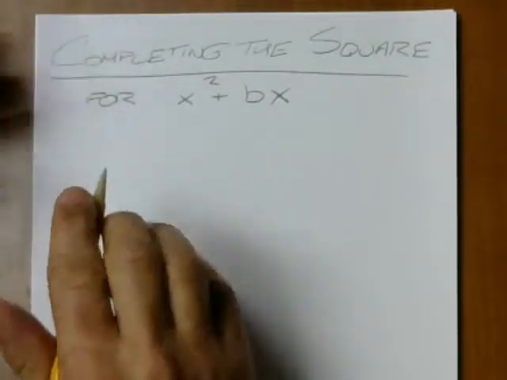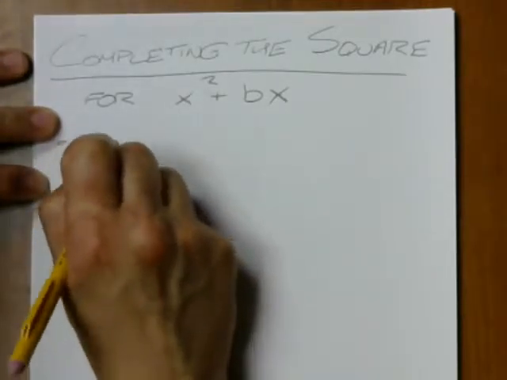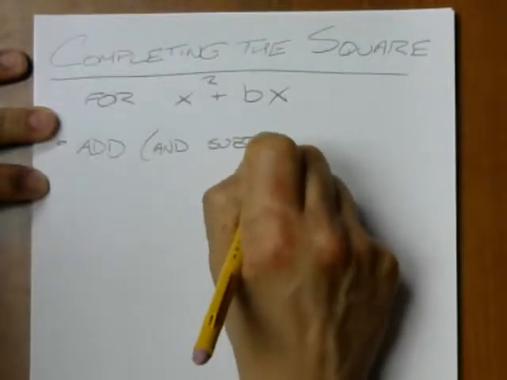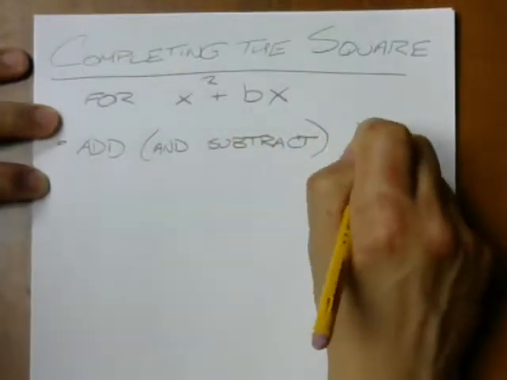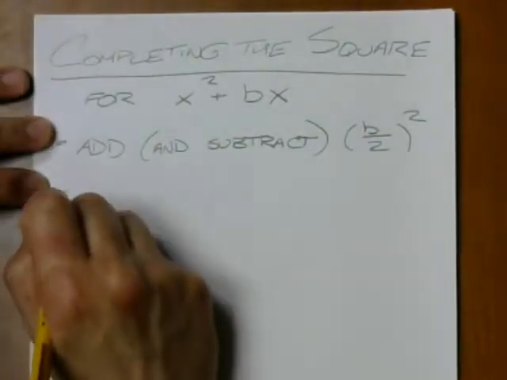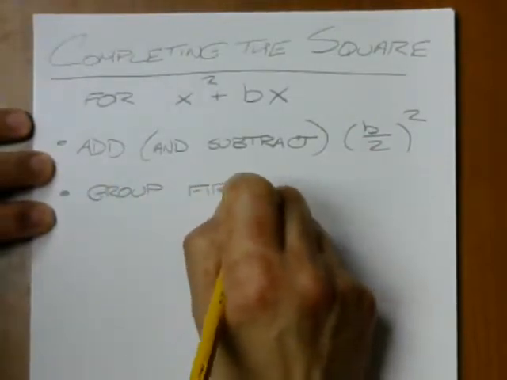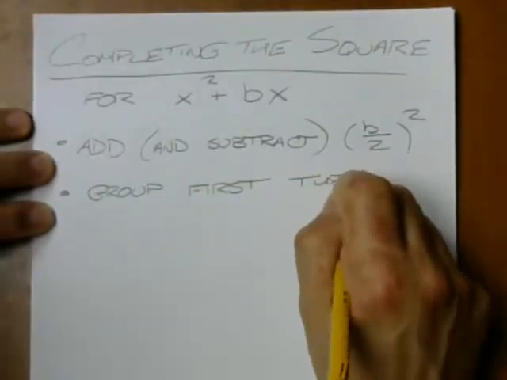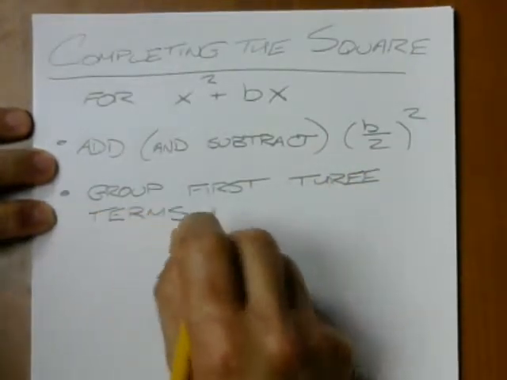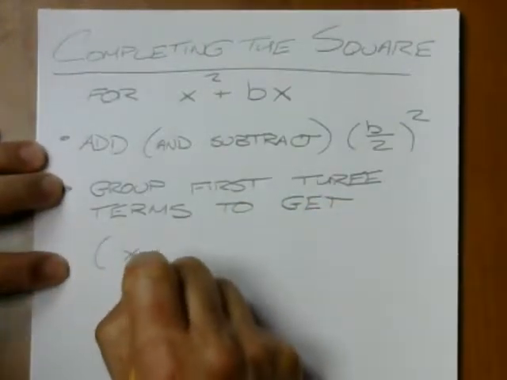And what does that technique give us? Well, let's write out the steps. What we're going to do is add and subtract b over 2 squared. Then we're going to group the first three terms to get, and what's that going to give us?